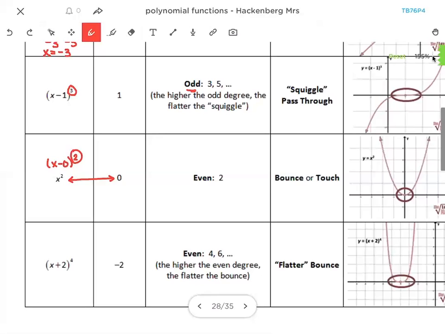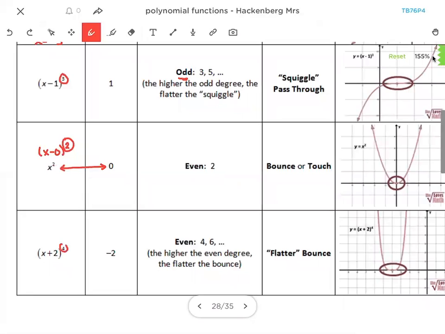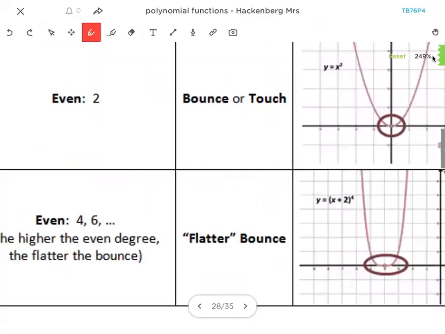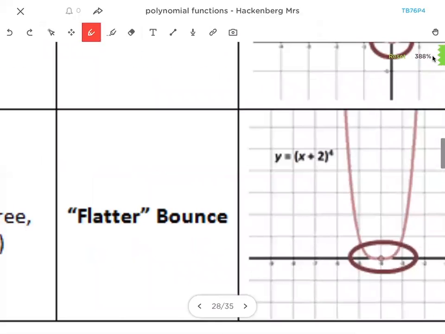And then similarly there, we have a multiplicity of 4. That root has a multiplicity of 4. And like it said up above, the higher the even degree, the flatter the bounce. You can see here, it's still just going to intersect at one location, but it's going to make it a flatter intersection.